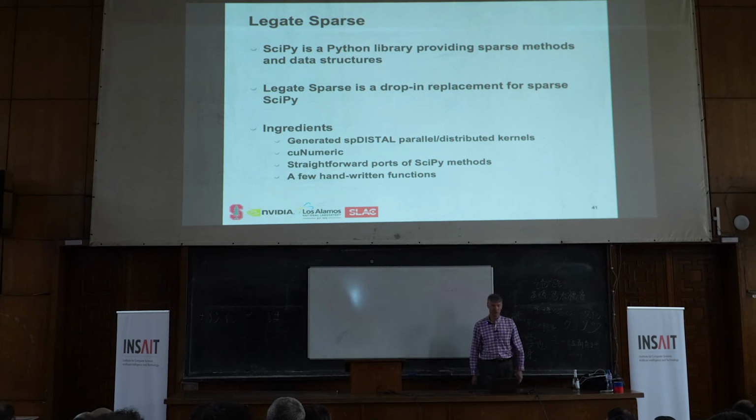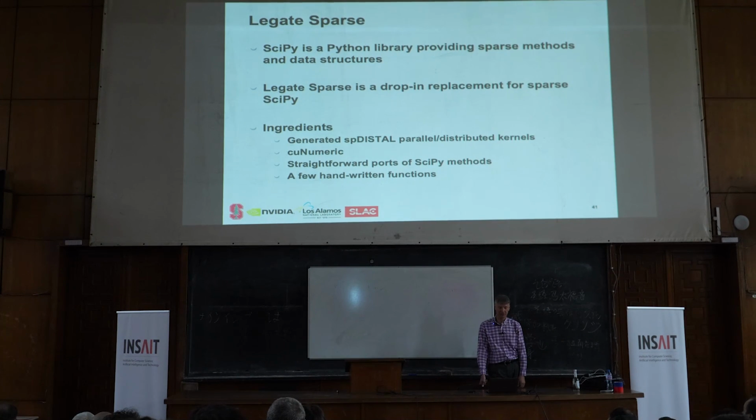And then just one more bit of information. Legate Sparse is another Python library for providing sparse methods and data structures. Trying to replace Python libraries that work on bulk data structures with accelerated versions is something that we're picking up as a theme.